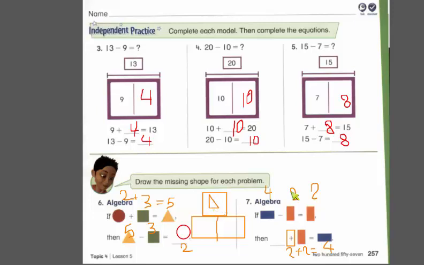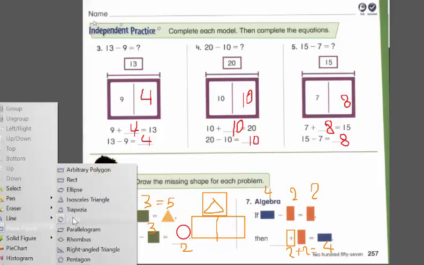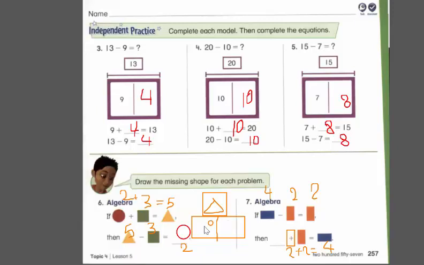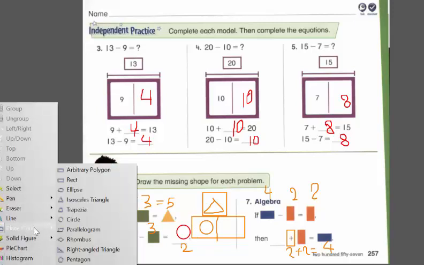Let me just draw it using the marker. I have the triangle, and then the two parts: one is the circle, and the other part is the square.